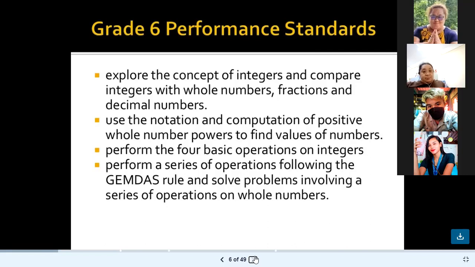Explore the concept of integers and compare integers with whole numbers, fraction, and decimal. So, ang himuon daw dire is, if ang whole number is pareho sila nga dalawa, tapos, i-compare mo lang ang dalawa daw, ma'am.